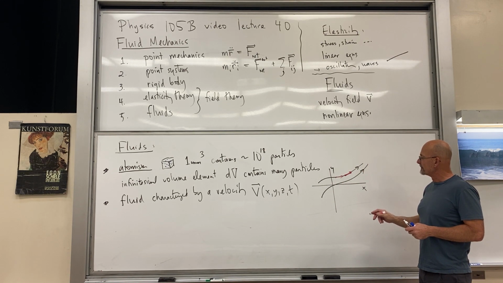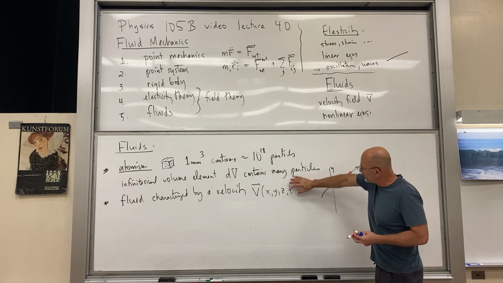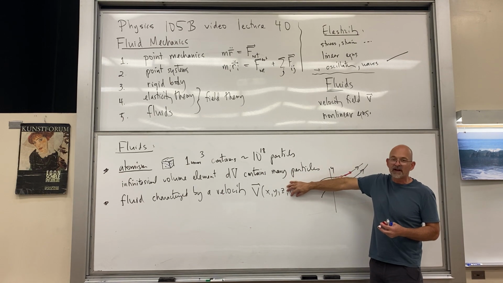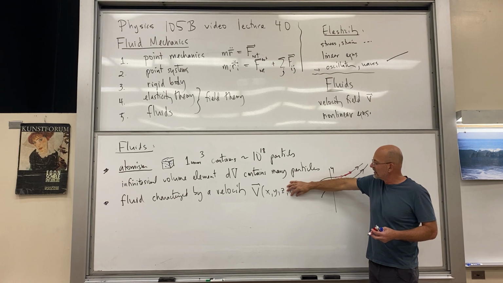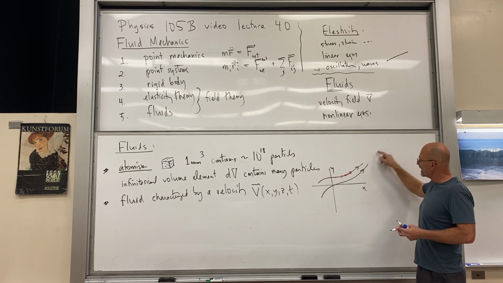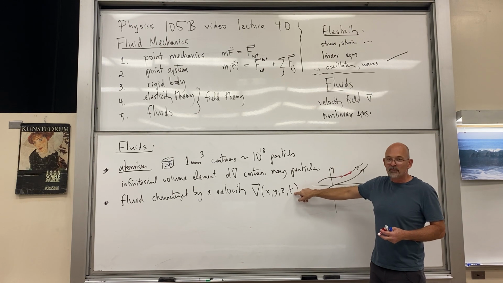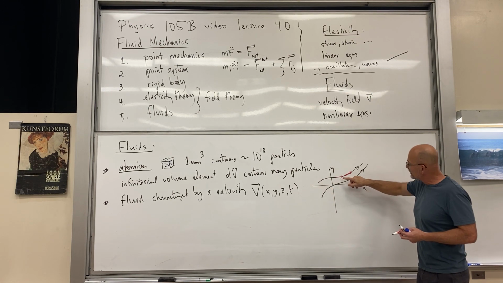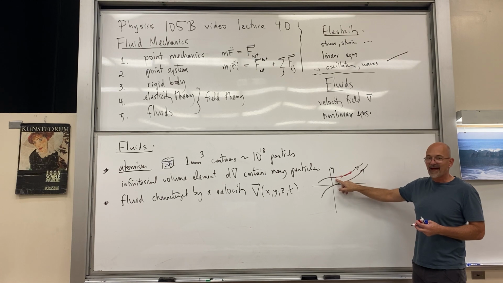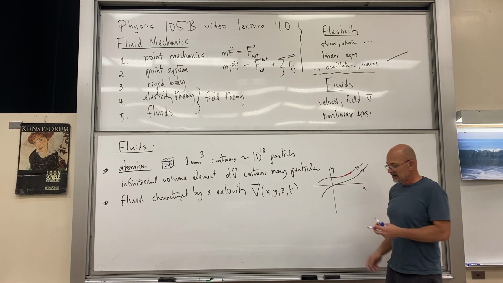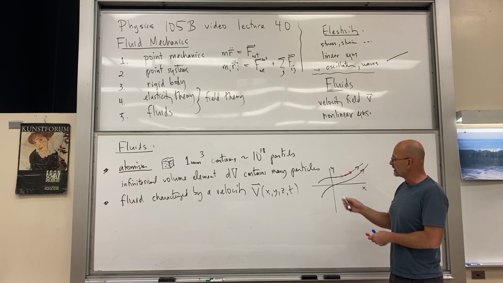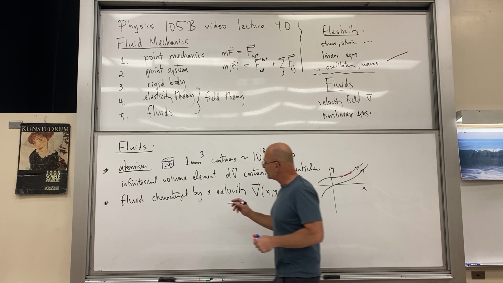If the explicit time dependence is not there, then you could actually have a streamline like this. If the explicit time dependence is present, then this vector would change in time at that location.